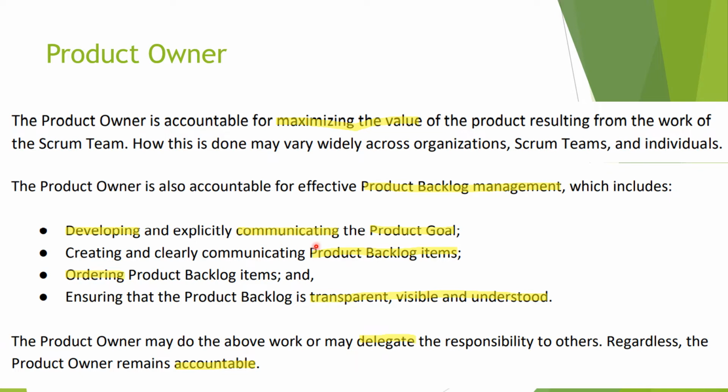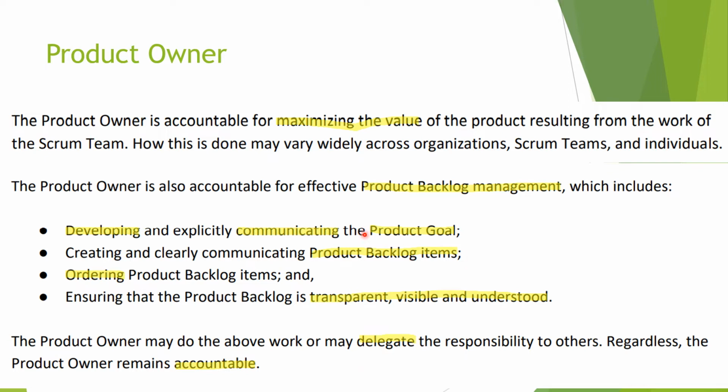Developing and explicitly communicating the product goal. You need to set up the vision first. Then creating and clearly communicating the product backlog items. They can be epics, features, or user stories. Ordering the product backlog items, nothing but ranking your user stories, is one of the important steps for maximizing the value. And ensuring that the product backlog is transparent, visible, and understood.